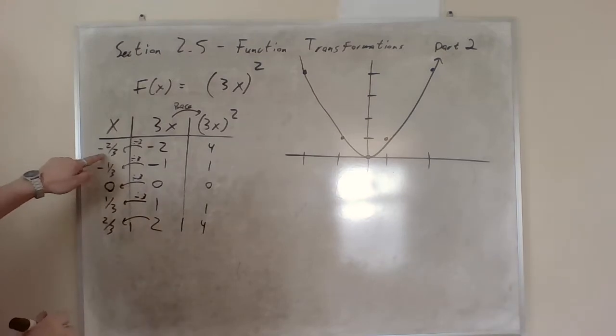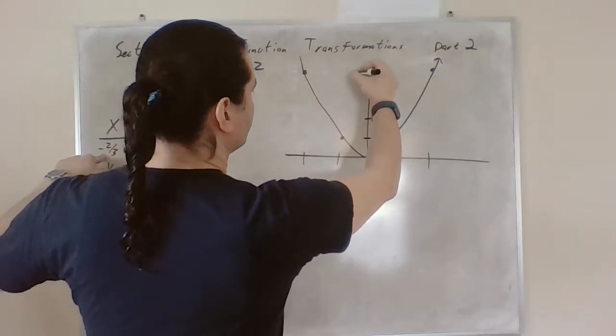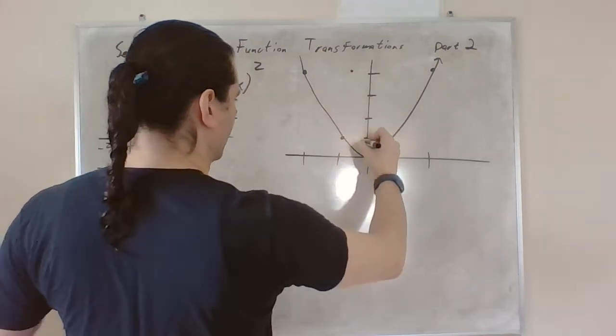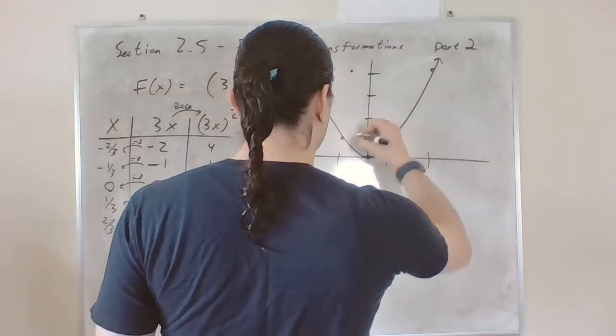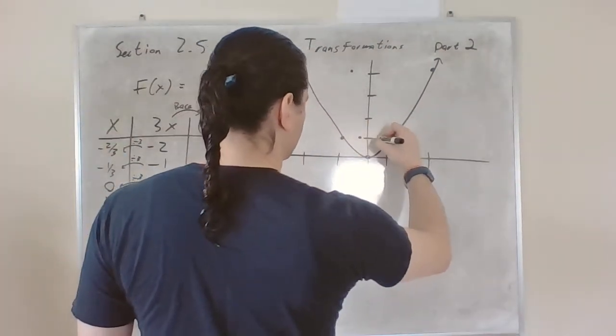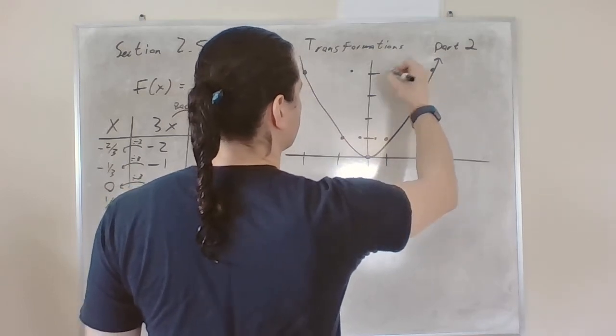The transformed graph hits its vertical 4 at -2/3, hits its +1 at -1/3, hits 0 at 0, that hasn't changed. This is +1/3, and this is +2/3.